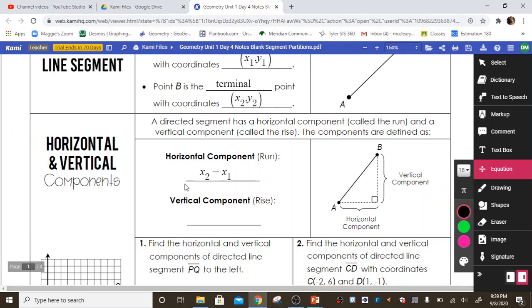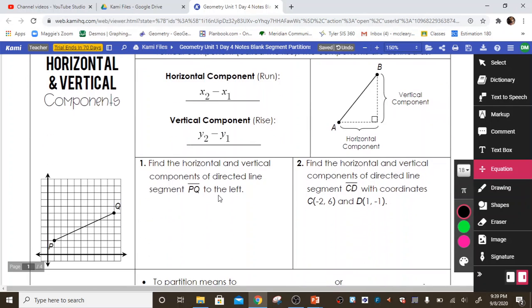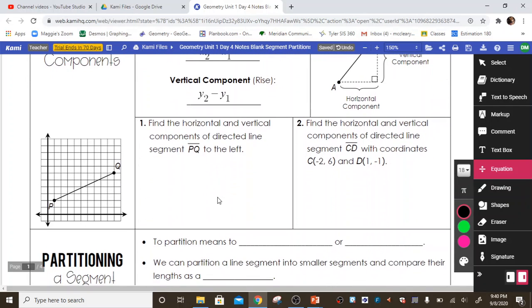So our run is x sub 2 minus x sub 1, and our rise is going to be y sub 2 minus y sub 1. So this basically tells us how far we are moving either left or right, and how far we are moving either up or down. So let's practice this just a little bit.